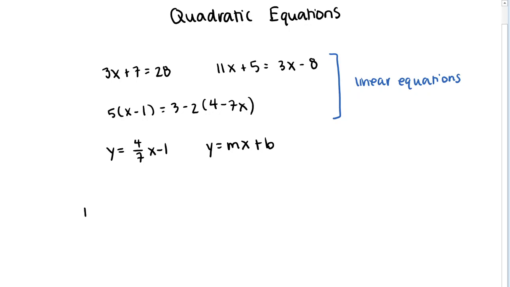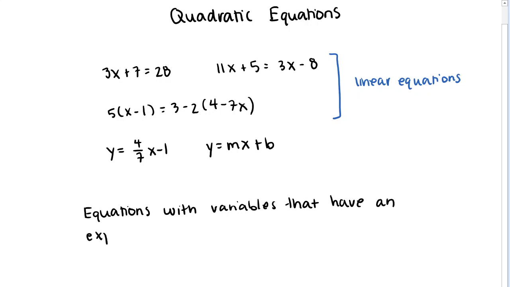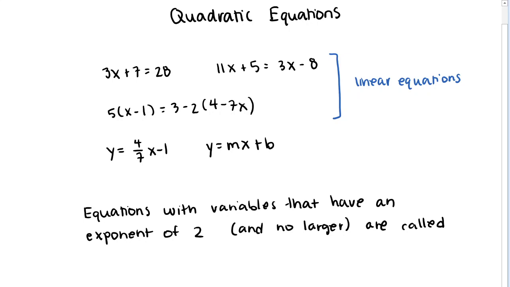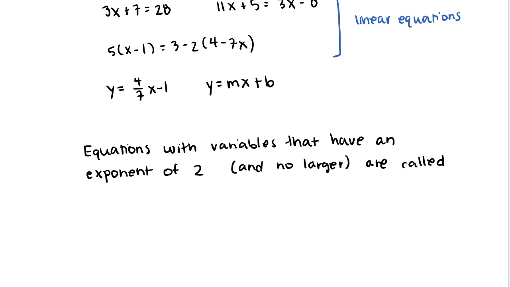So equations with variables that have an exponent of 2 and no more, no higher, these are called quadratic equations.